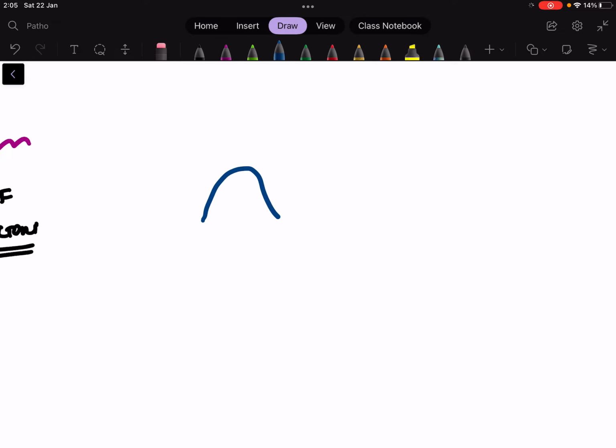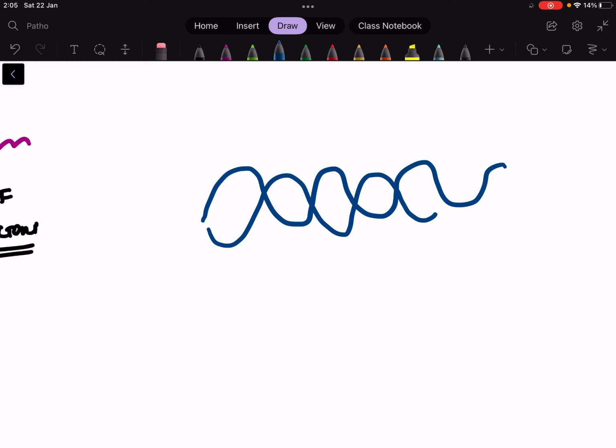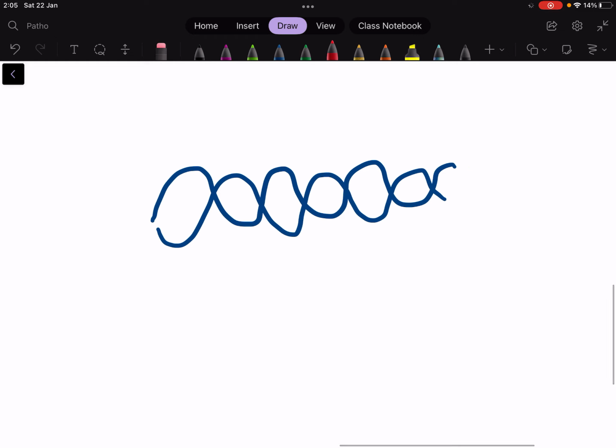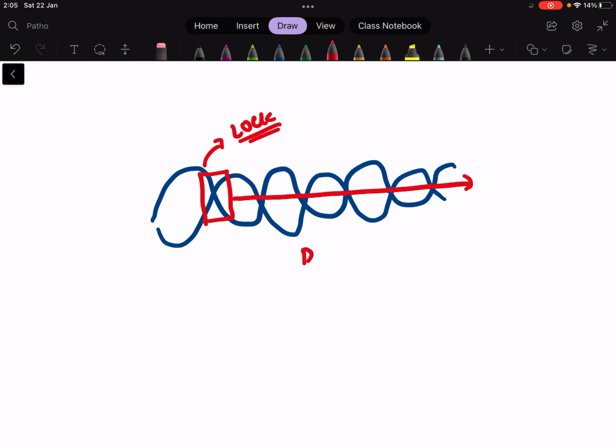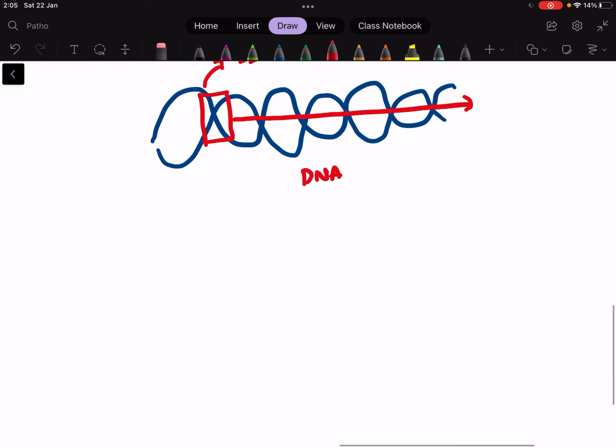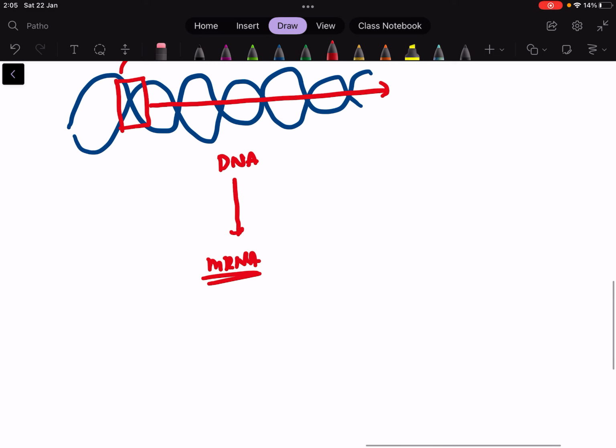So here is a DNA, and this DNA has a lock here. Obviously, if there is a lock here, the DNA cannot synthesize anything. So the DNA cannot get converted into mRNA, and this process in which DNA is converted into mRNA is called transcription.